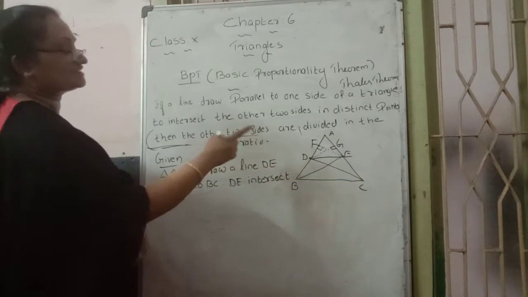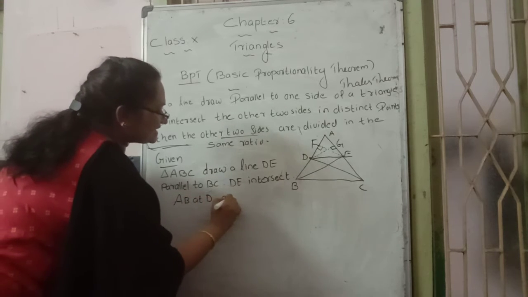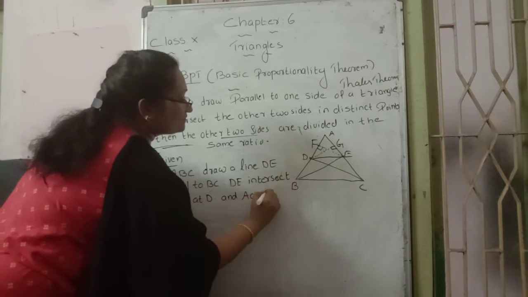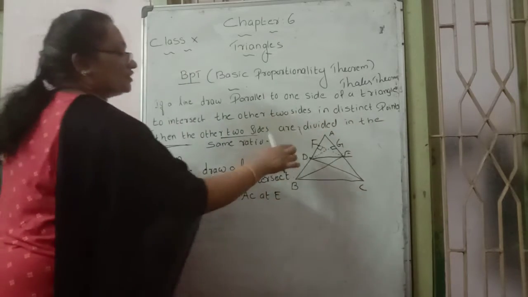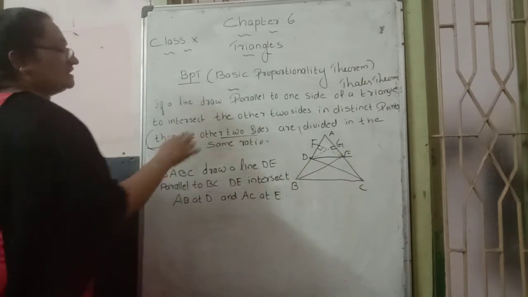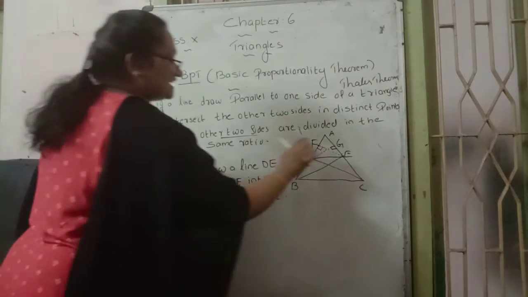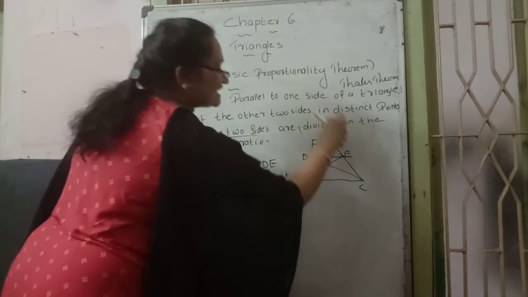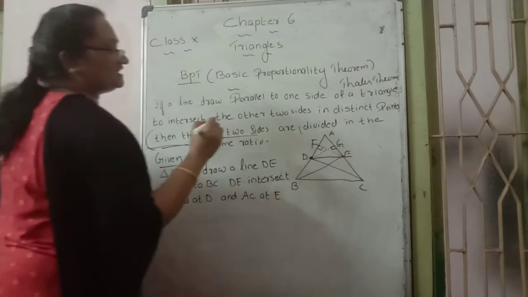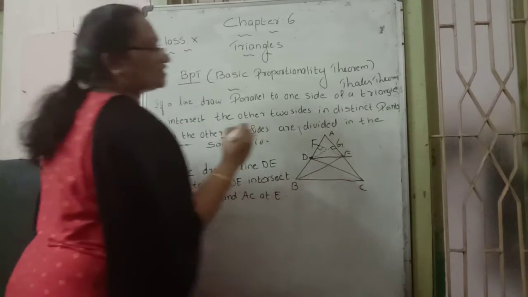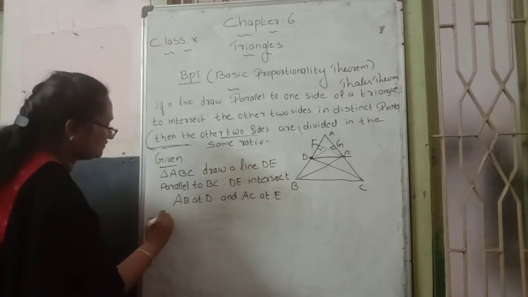That line intersects the AB line at which point? D. And AC at which point? E. We can say in triangle ABC, draw a line DE, then the DE line is parallel to the BC side, and DE intersects the AB side and the AC side. We write the intersecting points in the given place. So next step, we want to prove.